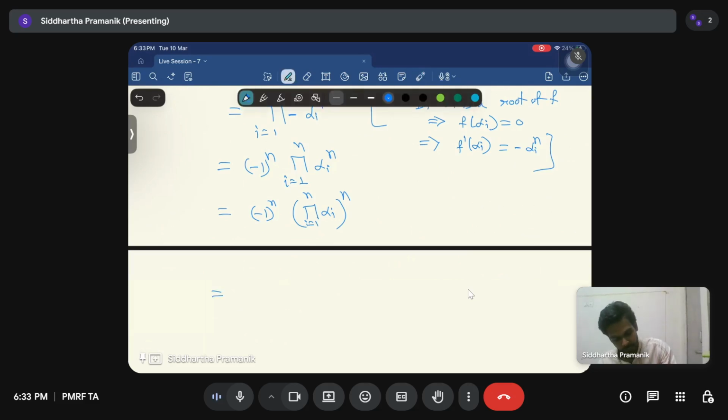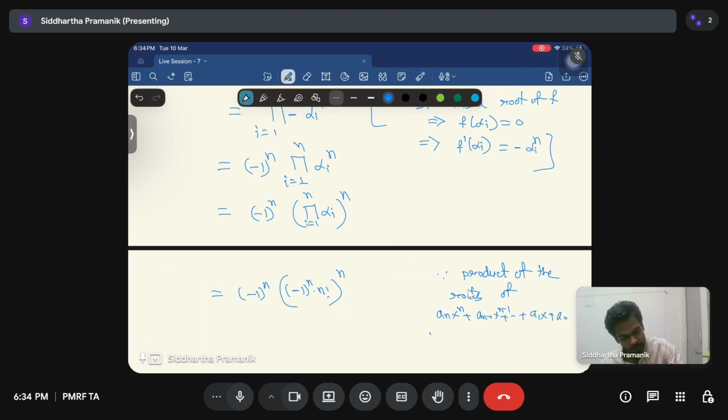The product of the roots of the polynomial a_n x power n plus a_(n-1) x power (n-1) plus dot dot a1 x plus a0 is basically minus 1 power n times a0.